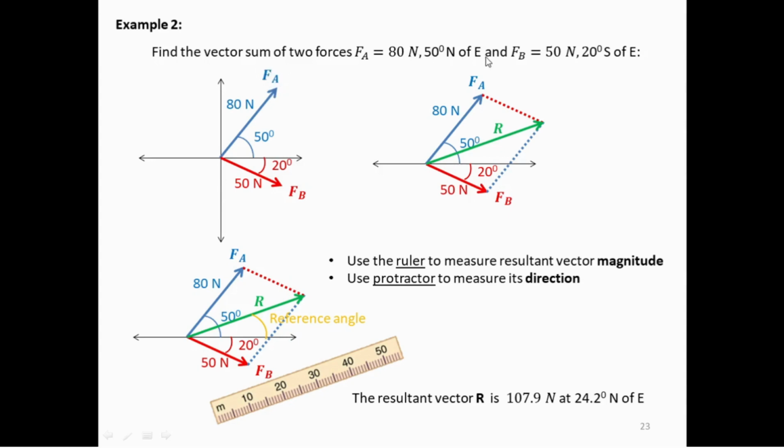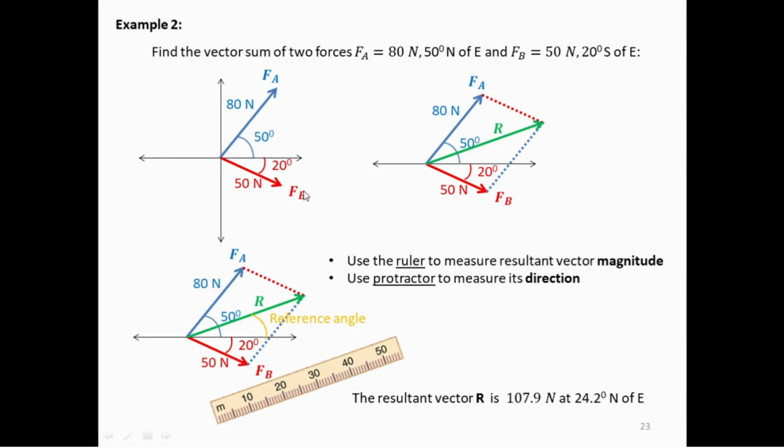Now the second vector is F sub B, which is 50 newtons, 20 degrees south of east, which means that you go to east and then face the south and measure 20 degrees. And from that, this should be the direction of the second vector. So you measure there 50 cm to represent your 50 newtons. So this is your first vector, and this is the second vector.